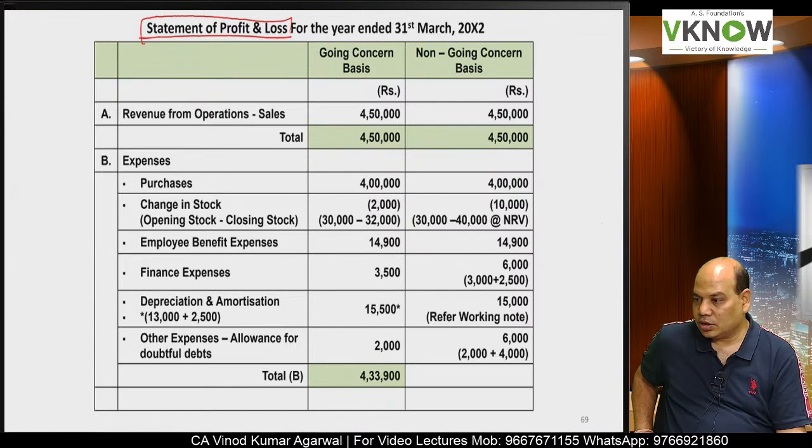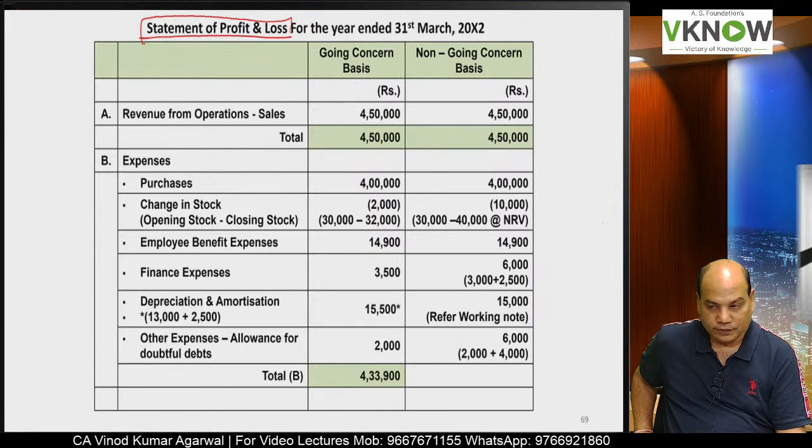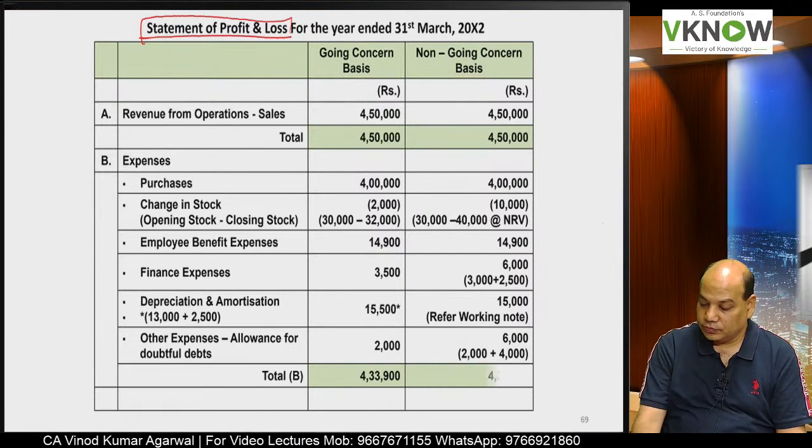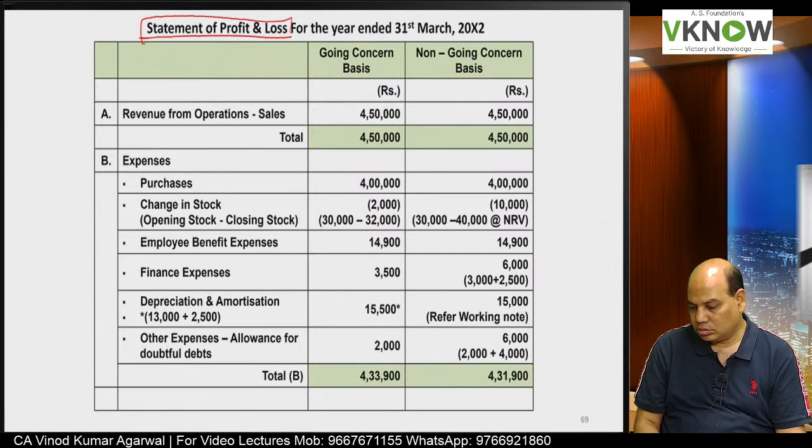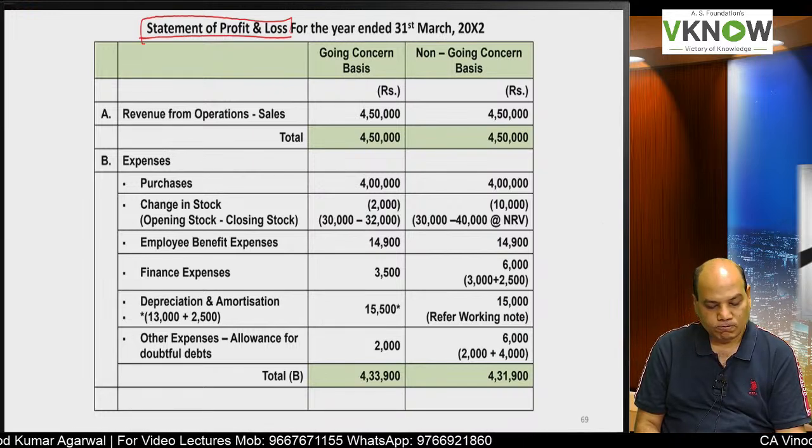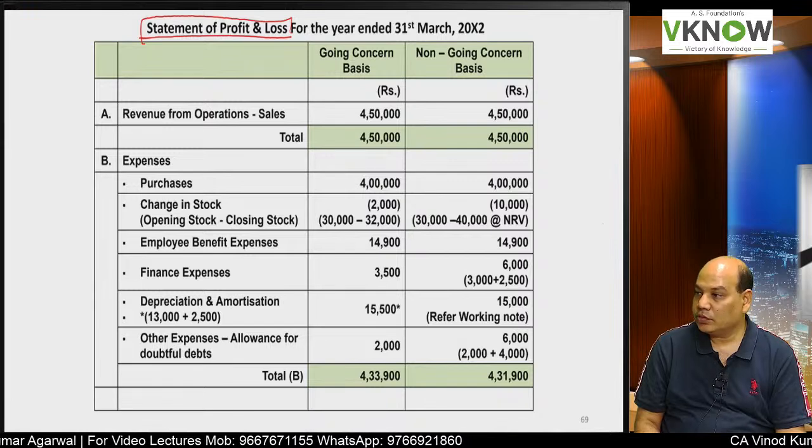433,900 is right. Second column. Anybody for the second column? It will be different. 431,900 you are getting? Yes, 431,900.